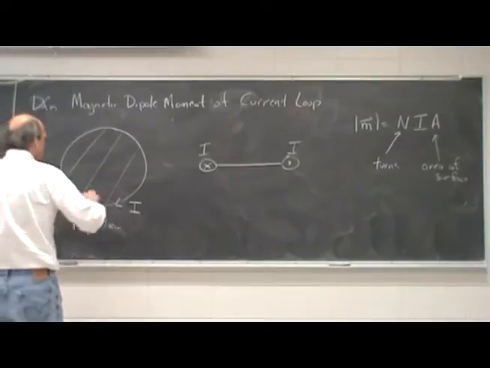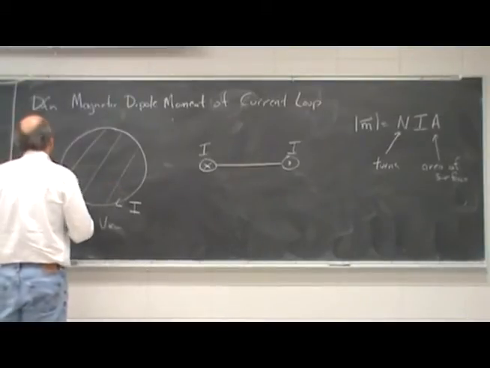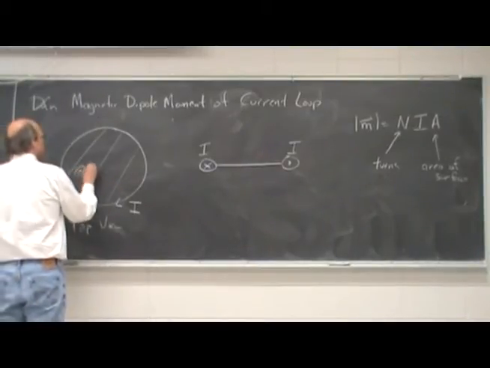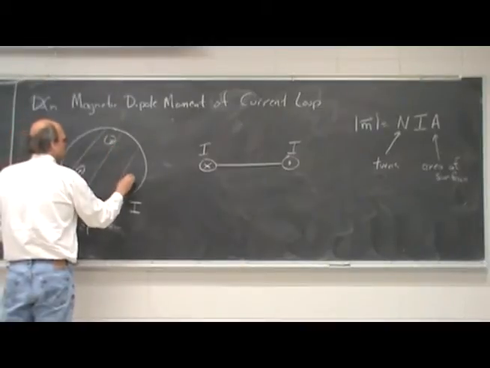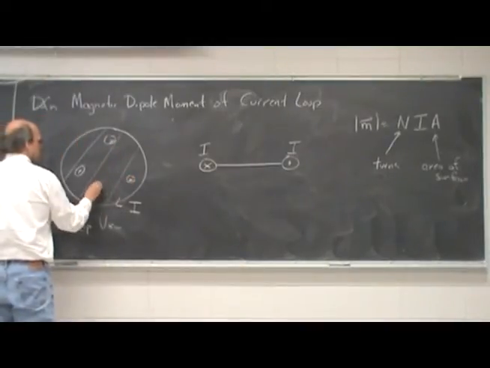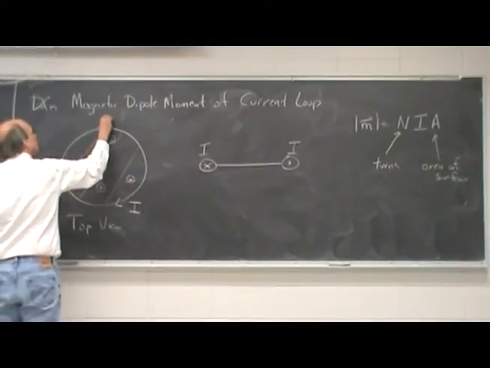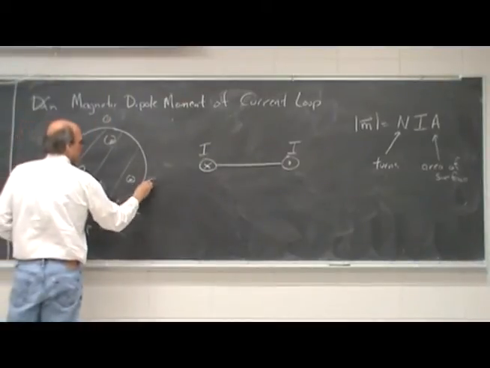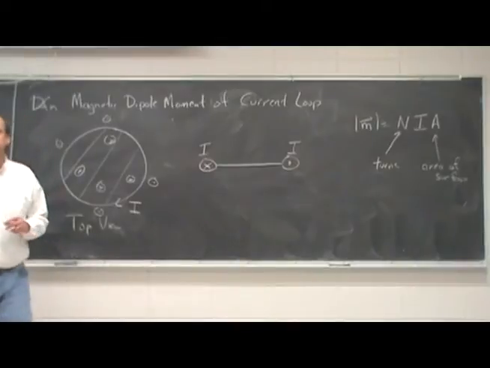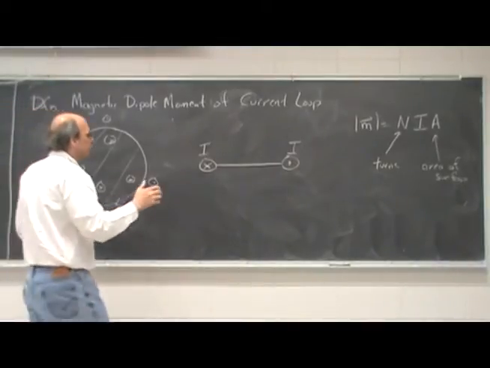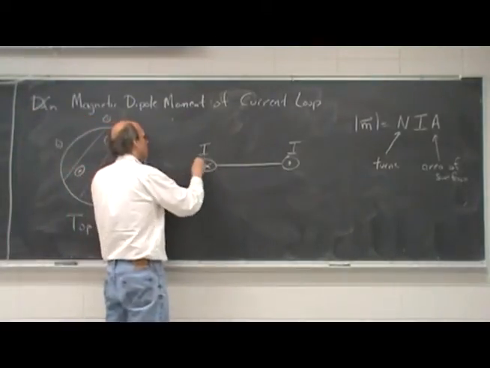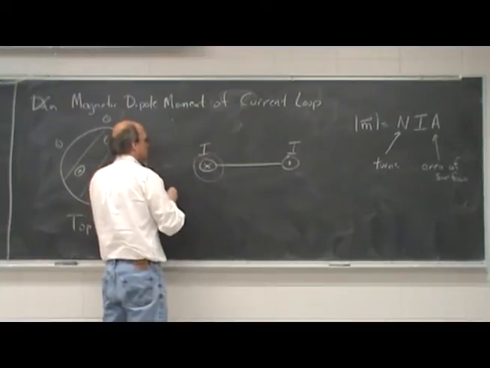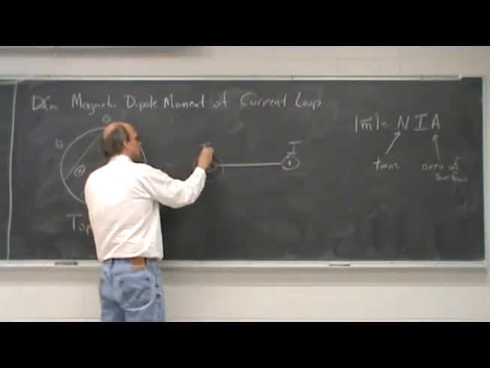So we can use the right-hand rule to figure out what's going on. Grab it there. So the field goes into the board inside and loops back around out of the board outside. And we use right-hand rules more here.